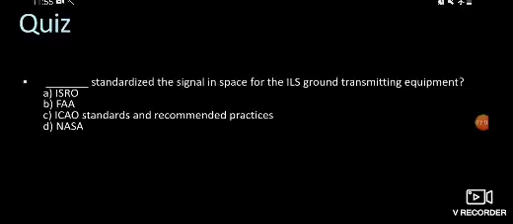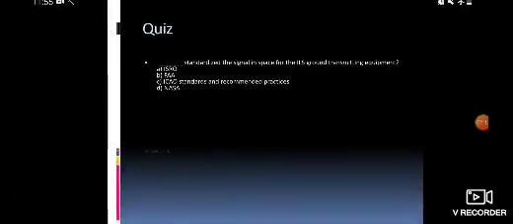What standardizes the signals in space for ILS ground transmitting equipment: ISRO, FAA, ICAO, or NASA? The answer is C, that is ICAO standards, with its recommended practices for ILS systems.